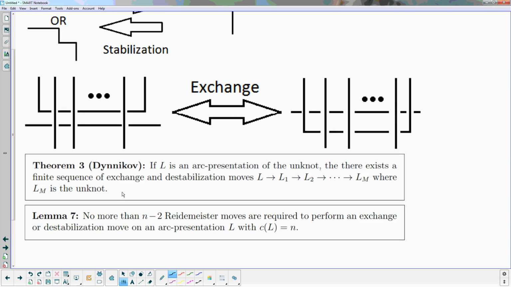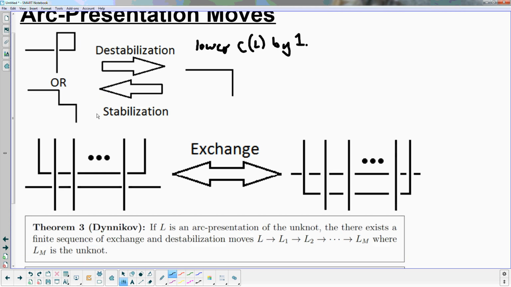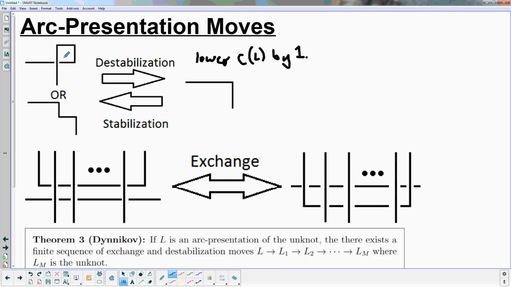If we look at destabilizations, it really only takes 1 Reidemeister move. So that's definitely less than n-2 because our complexity is going to be at least 2. In fact, it's only going to be 2 when we get to our unknot. So if this is our last move, our complexity would be 3.